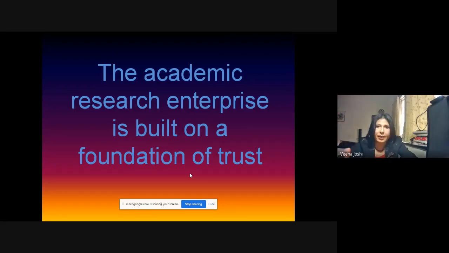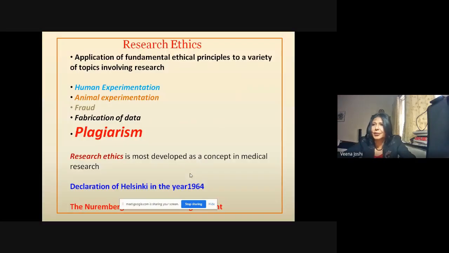I am taking his word for it, based on how the research is made. So, academic research enterprise is built on the foundation of trust. कि जो भी उसने कहा है, ये गलत नहीं. This is based on his own data collection. This is what we call it as research ethics.